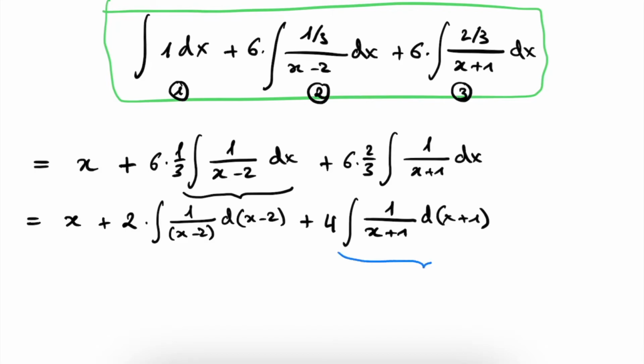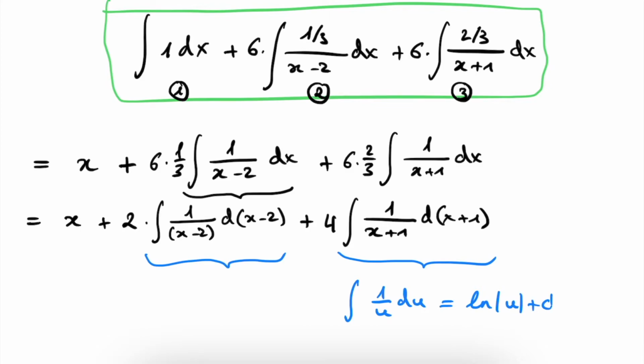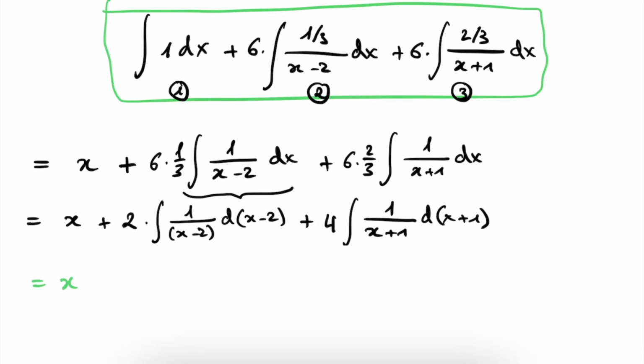And what we see now is that we have two integrals of the form 1 over u du, which is of course the ln of u plus a constant. And we get our result: x plus 2 times the logarithm of x minus 2 plus 4 times the logarithm of x plus 1 plus a constant c, because we're doing indefinite integrals.